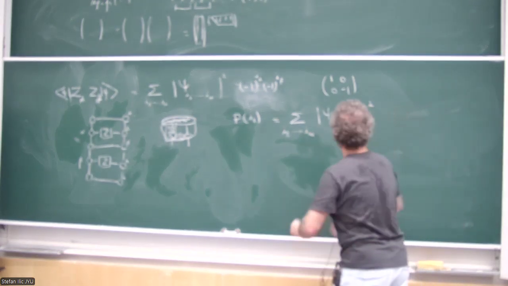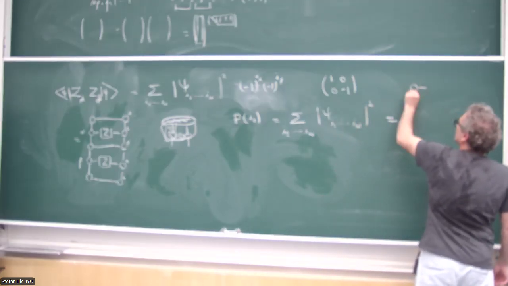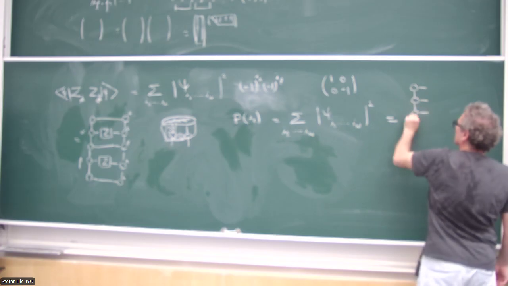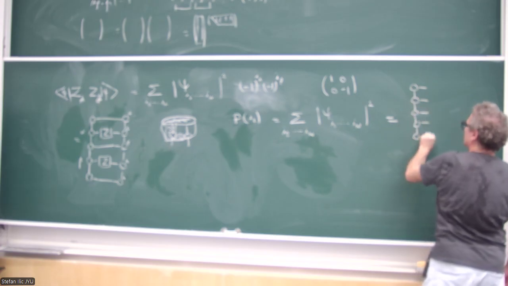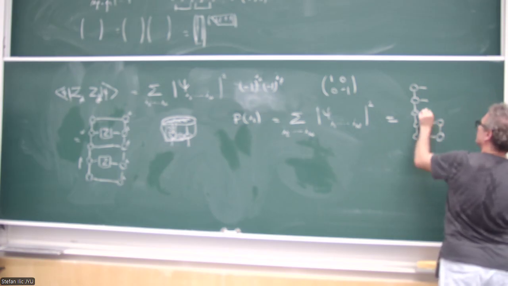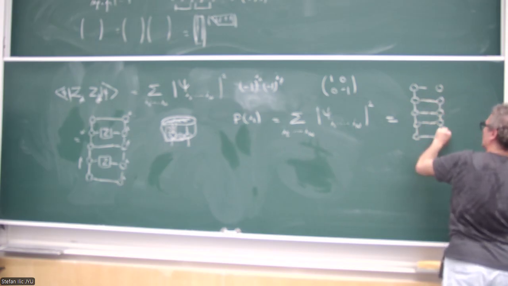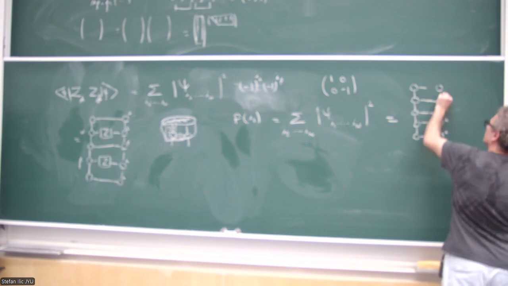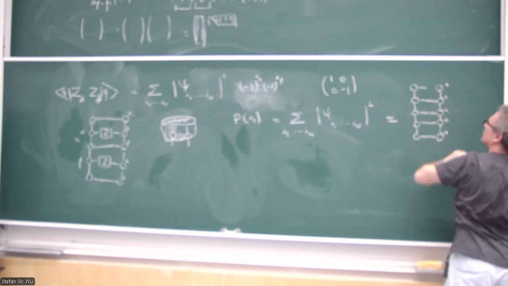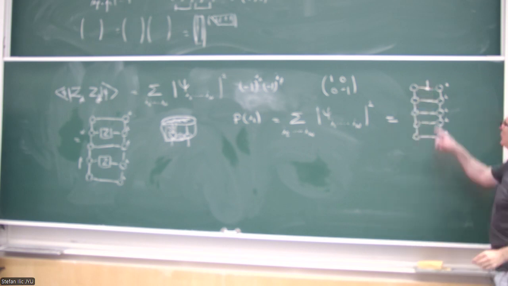So I can also write the diagram for that. This is my MPS. This is a copy of my MPS, conjugated. And now here, I don't sum over this one.